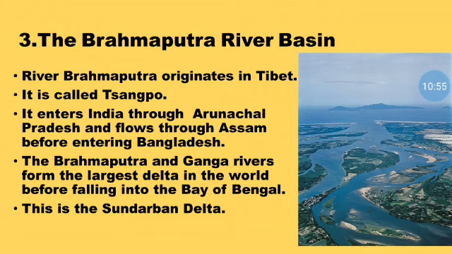Just keep in mind, delta is a triangular shaped landform formed by the river before it flows into the sea. So the Brahmaputra and the Ganga rivers form the largest delta in the world. Which is the largest delta in the world? It is formed by Brahmaputra and Ganga, and this is the Sundarban delta, and that's why it is called the Sundarban delta.